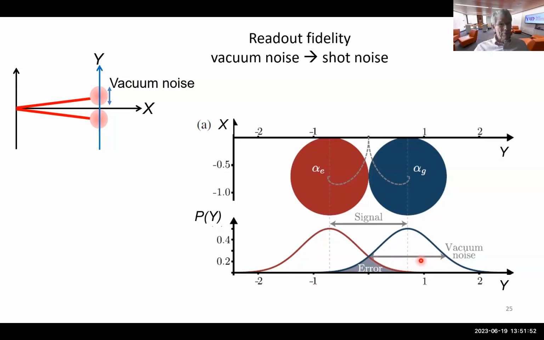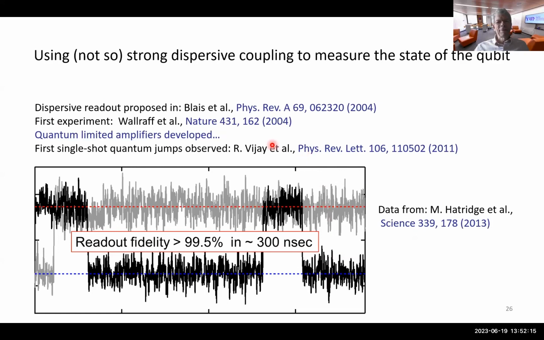When you measure the photon intensity, there's some shot noise. And the more these become separated by integrating the signal for a long time, so that the phasor gets very long like this, the higher the readout fidelity will be. So that's a whole topic in and of itself.